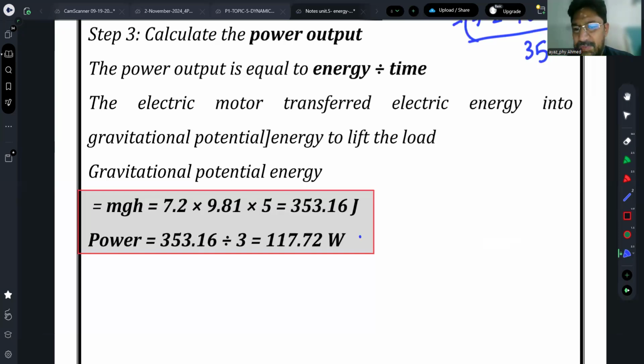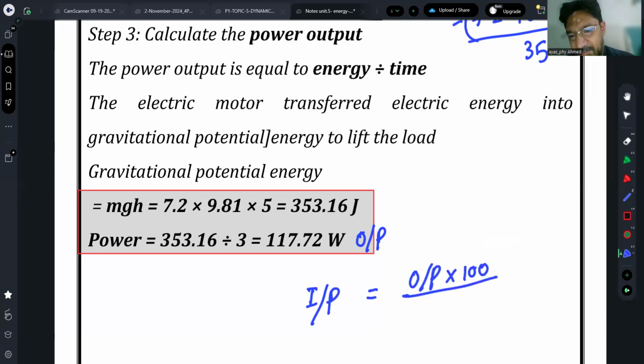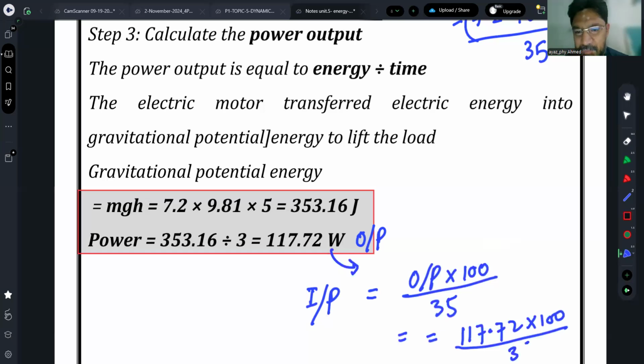I told you that input power will be equal to output power times 100 divided by 35. I have no calculator at all. That's why, when it would be calculated, 117.72 is this power times 100 divided by 35. So you will get your input power. Okay, so that is your input power.